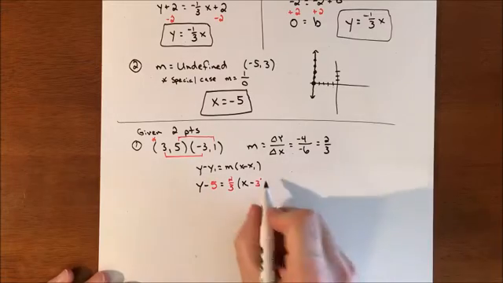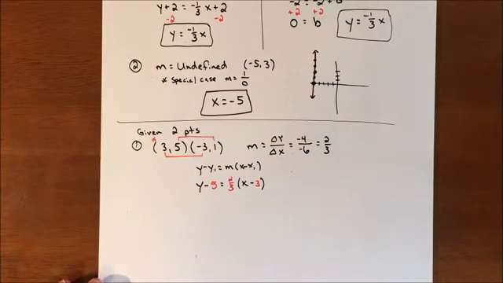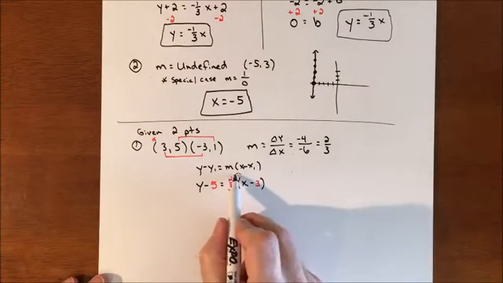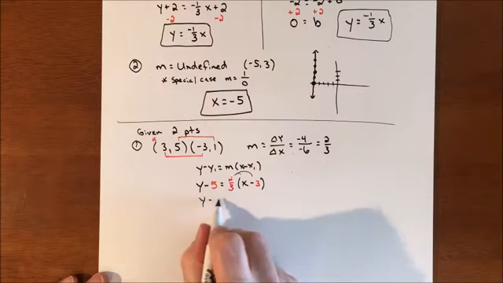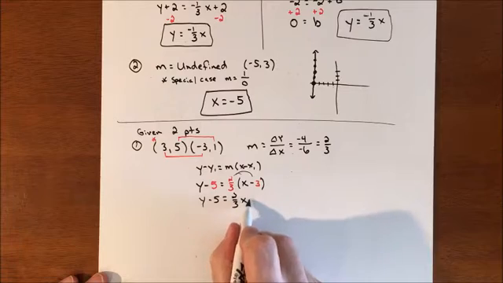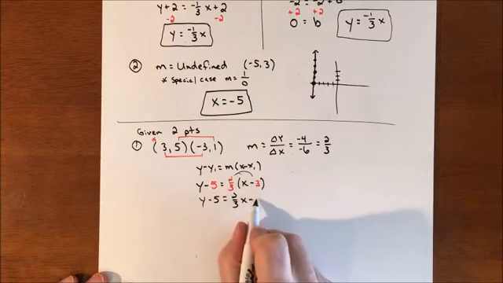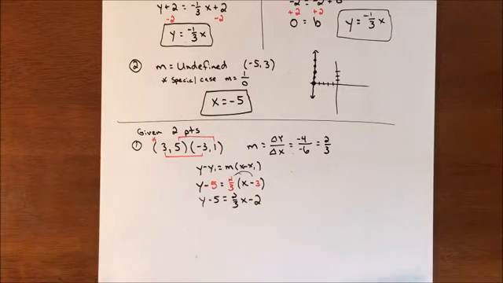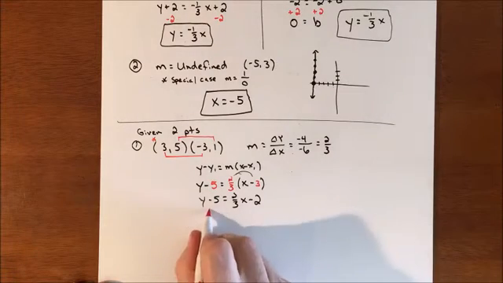And we'll walk through the math from here. So it takes the same 2 steps every single time. We'll distribute. So y minus 5 equals 2/3 x minus 2/3 of 3 is 2. And then from there, we'll add 5 over.